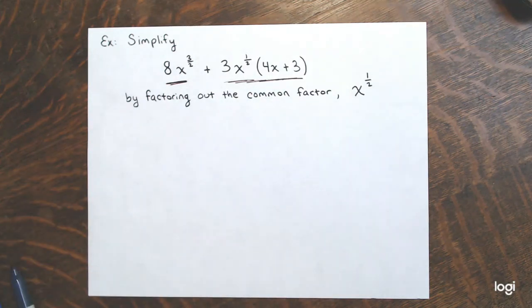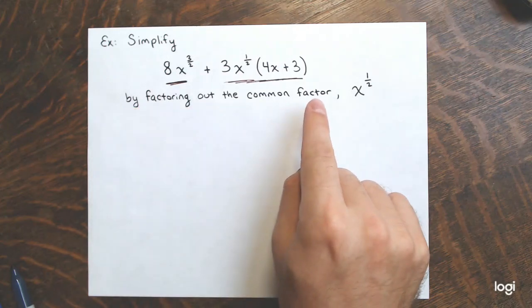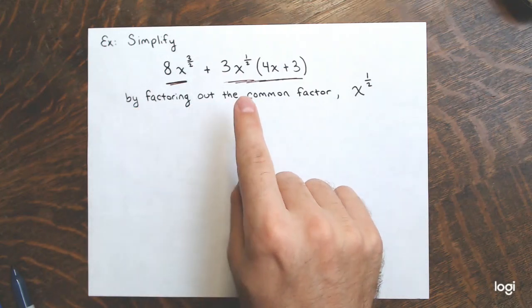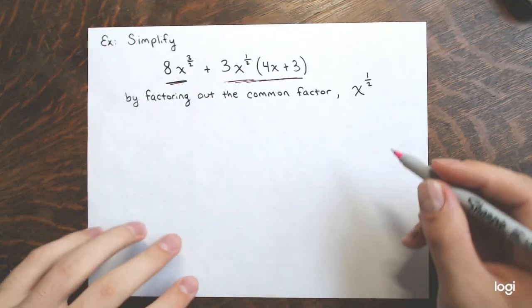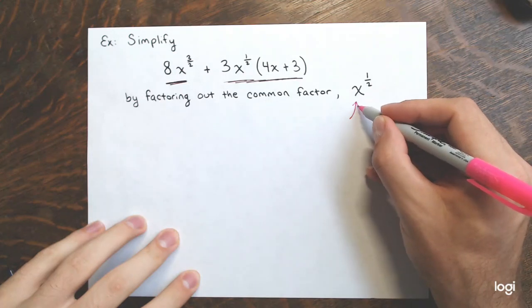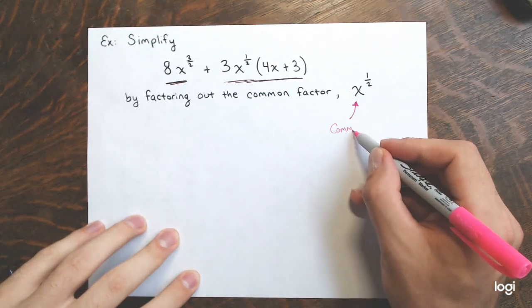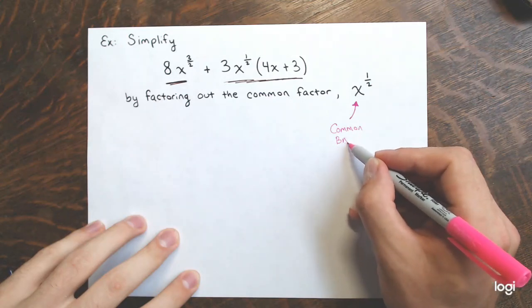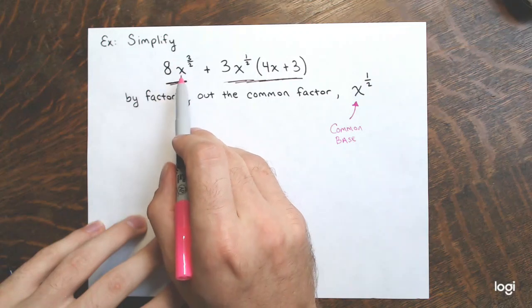Alright, so looking at these terms, now I wrote down what we're going to do. We're going to factor out the common factor of x to the half. And as I mentioned on the previous page, look at this, x to the half. This is the common base of the terms, right? Because look, this has 8 to the first and x to the 3 halves.